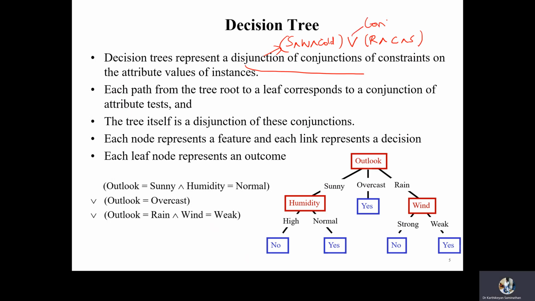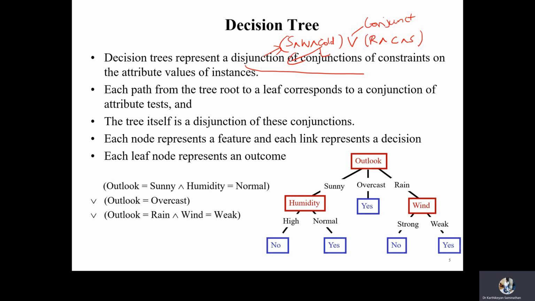So this is your conjunction, and this is your disjunction, right? Each path from the root to a leaf corresponds to a conjunction of the attribute set. The tree itself is a disjunction of these conjunctions.